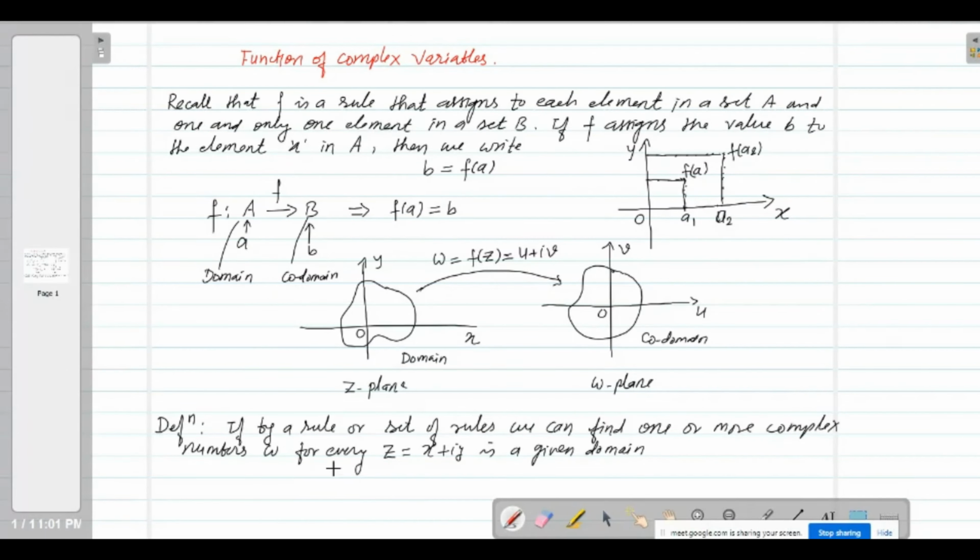So for every z in the given domain, we say that omega equals f of z, or you can say this is u plus iv, where f of z is a function of x and y, where f of z is a function of z.